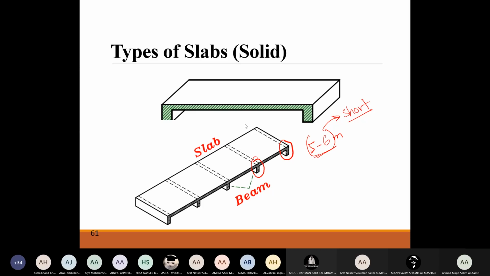And in that scenario, there are other methods or other types of slabs which are going to be more efficient or more economical than solid slab. So the typical range of 5 to 6 meter does not mean that you cannot go more than 6 meter, but it means that the economical range should not exceed 6 meter for a solid slab.